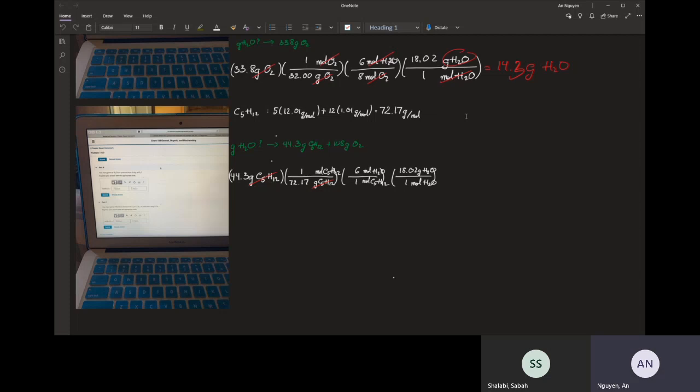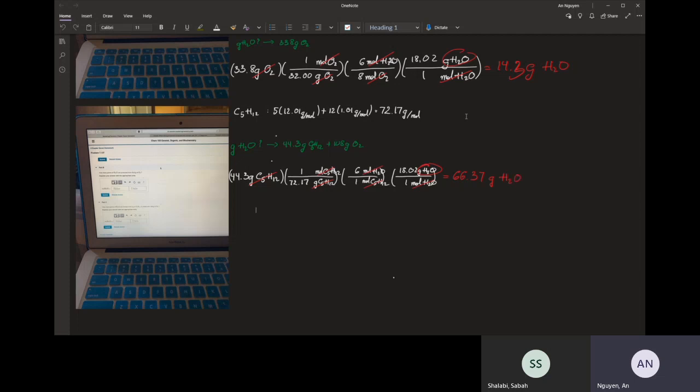So we can see that moles of C5H12 is canceled, moles of H2O is canceled, leaving us with grams of H2O. So 44.3 divided by 72.17 times 6 times 18.02 gives us 66.37 grams of H2O.